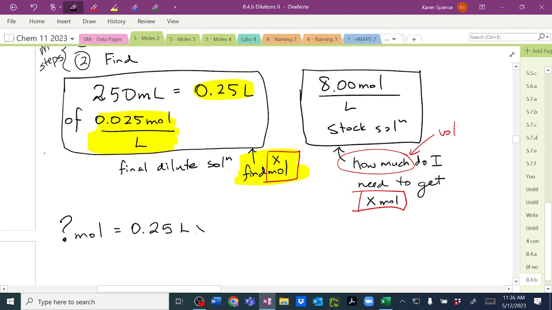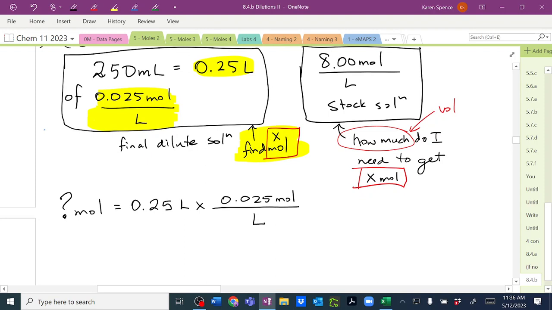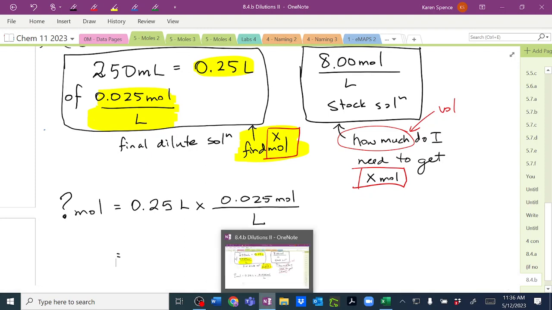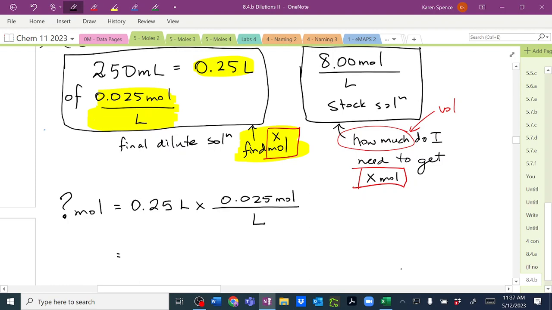That's our initial quantity, and our conversion factor is the 0.025 moles per liter. So 0.25 times 0.025 equals 6.25 times 10 to the negative 3 moles.